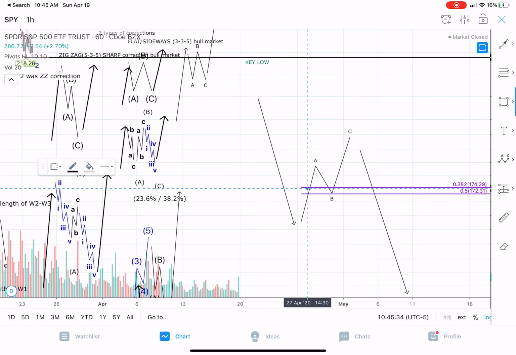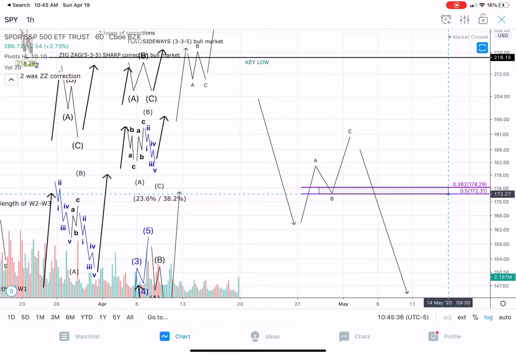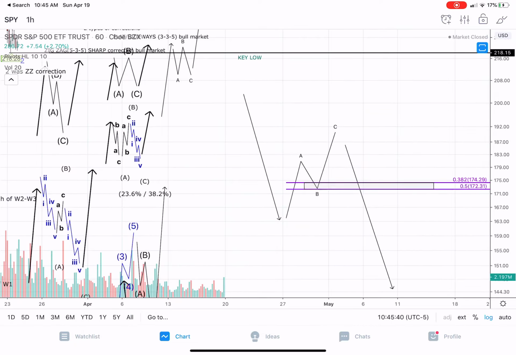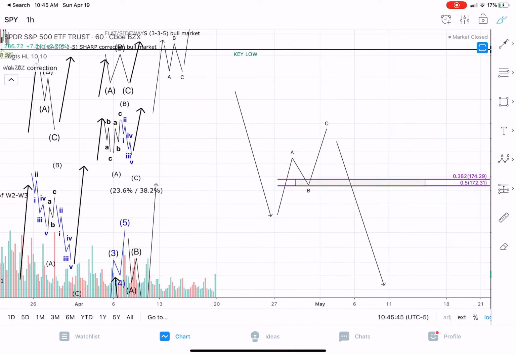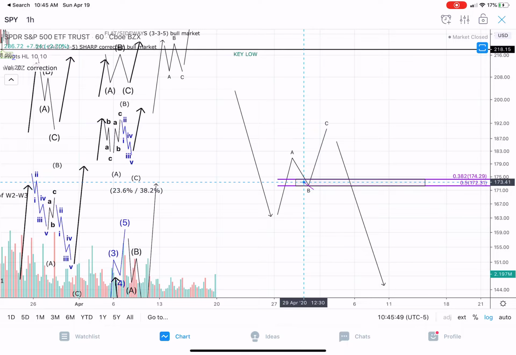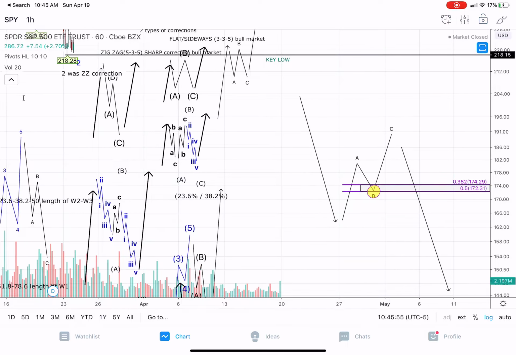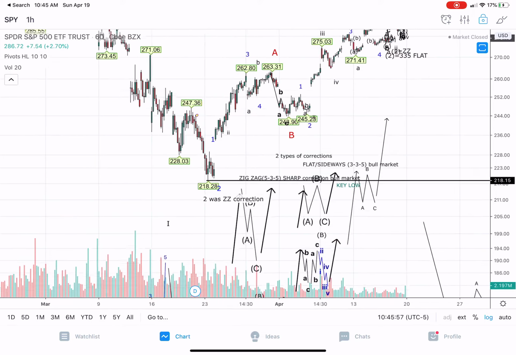Like that. So we have our move down, and then we have our ABC relief rally, and where I'm showing you guys now, we were looking at this B low right here. And we know that it retraces anywhere from 38.2% to 50% the length of wave A.